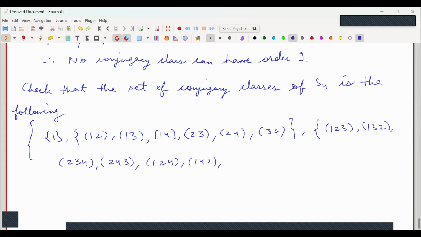Two more should come, right? Here 4 is not coming, here 1 is not coming, here 3 is not coming. 2 should be missing somewhere. So (1 3 4) and (1 4 3). Right.